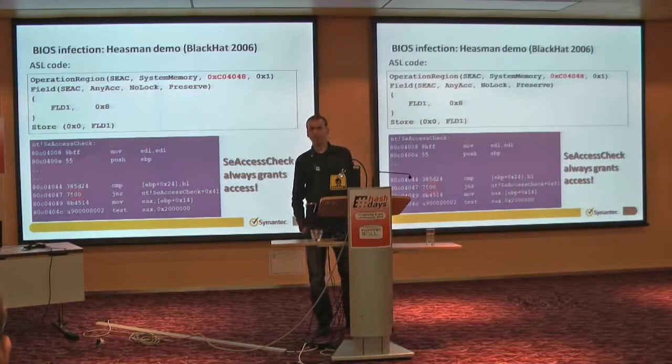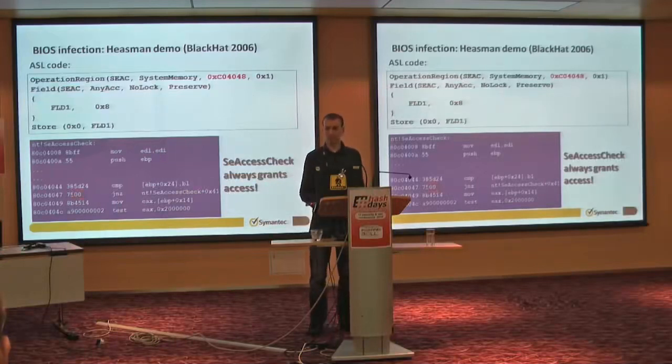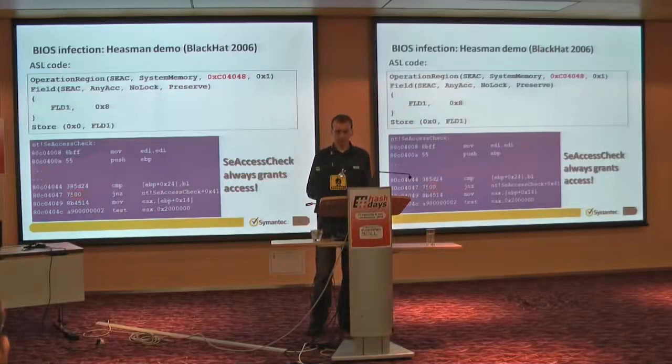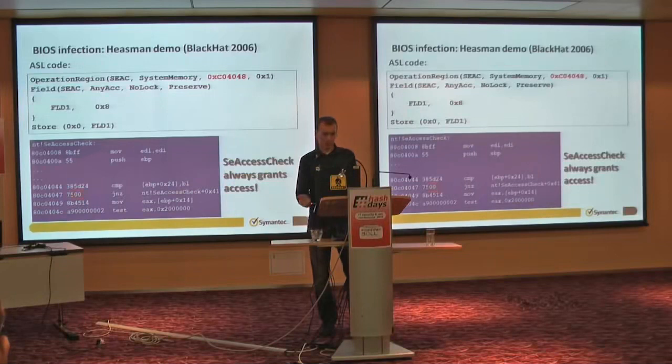So basically, it modifies the logic of this API. This API should grant access to a resource if you're authorized, or give you an access denied code if you're not authorized. In this case, by modifying this jump, the logic of the API is totally ruined, and SeAccessCheck will always return access granted. So it can be quickly used for privilege escalation.